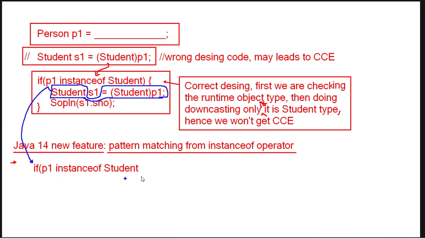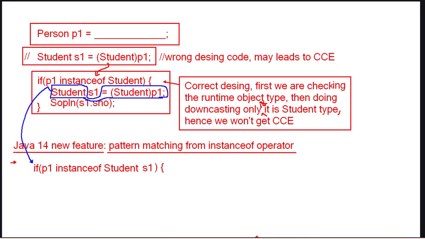If P1 instanceof student, write the variable name where you want to store. We just need to write the variable name only. Are you catching my point? Whenever you want to use the instanceof operator in an if condition to do downcasting, don't write the old Java 13 style. Follow the Java 14 style like this. P1 instanceof student, and the variable in which you want to store the cast, you write after the class name.